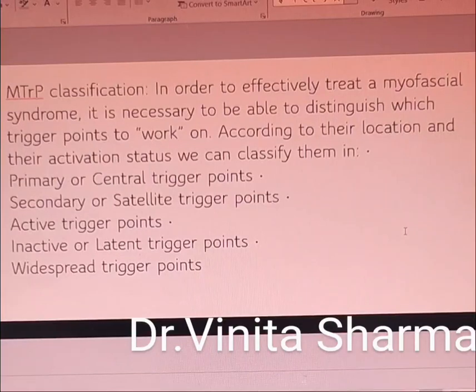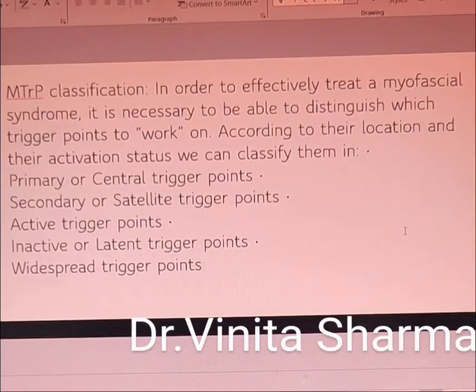How do we classify the trigger points in order to effectively treat the myofascial syndrome? It is necessary to be able to distinguish which trigger point to work on. According to their location, we have to treat the trigger point. According to their activation status, we can classify them. There is a classification: primary or central trigger points.